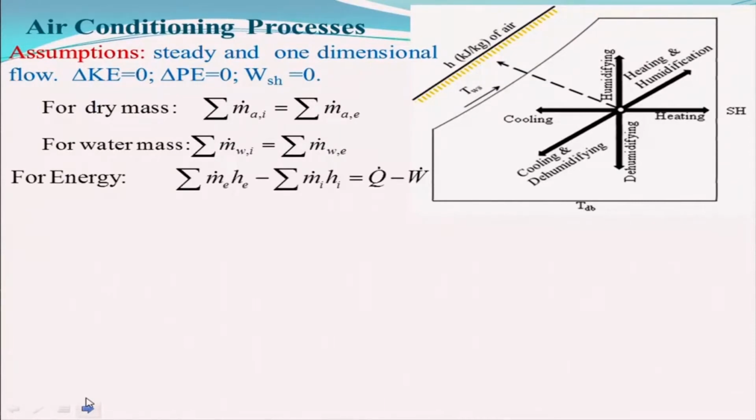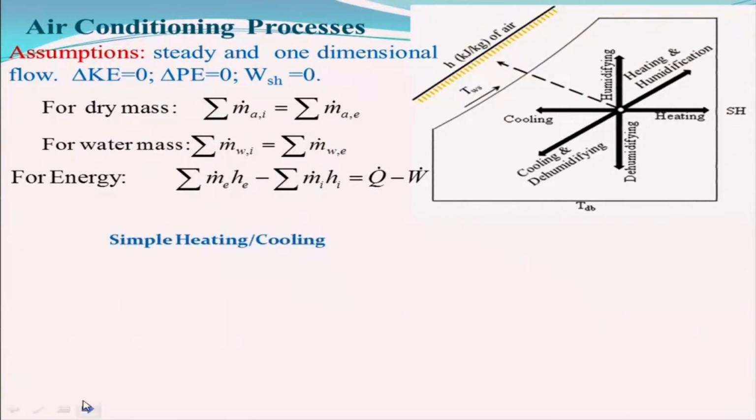And we will be doing the energy balance: the summation of the enthalpy at the exit minus the summation of enthalpy at the inlet is equal to Q dot minus W. Shaft work we may neglect, most of the time we will be neglecting, but heat will always be there, so we cannot neglect it.